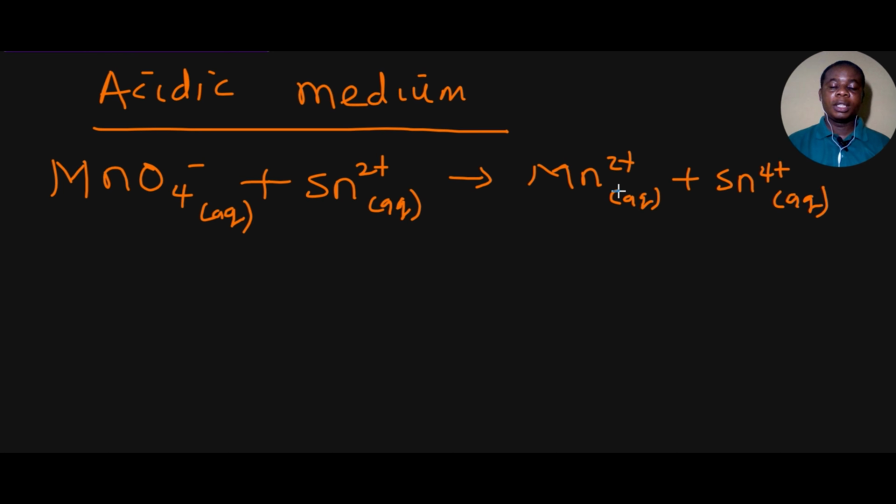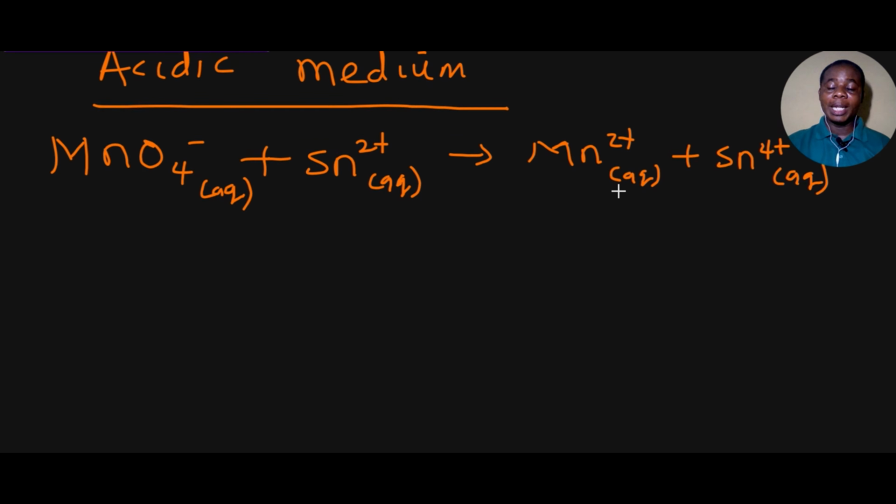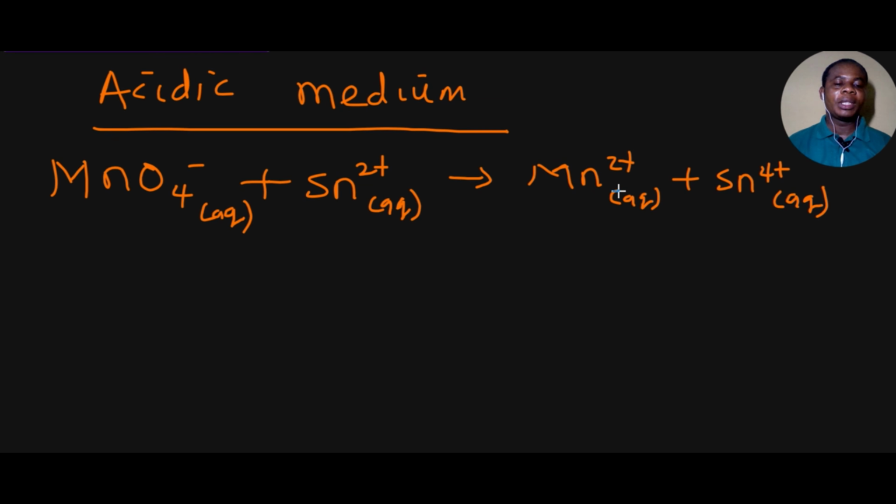So the first thing is to identify the one that is undergoing oxidation and the one that is undergoing reduction. Let's check if permanganate is undergoing oxidation or not. Don't forget, in our previous class I taught you how to calculate the oxidation number. So let's calculate the oxidation number of this permanganate. The oxidation number of any ion is the charge on it. So this charge is -1.